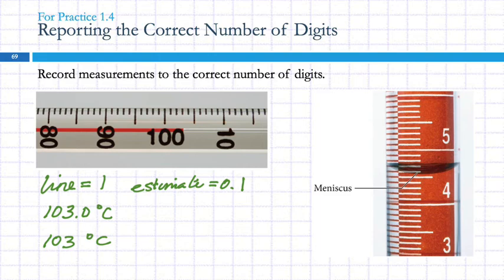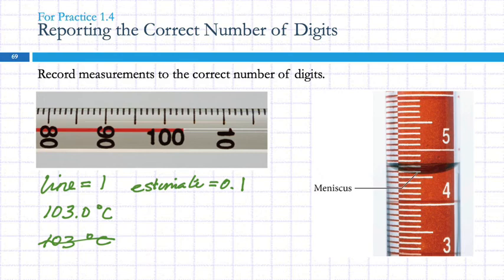But that's not at all what we meant from here, right? There were lines for each degree, and so we can see it's really close to 103. So 103.0. You might write 103.1, 103.2. That is your opinion. It doesn't all have to be exactly the same.